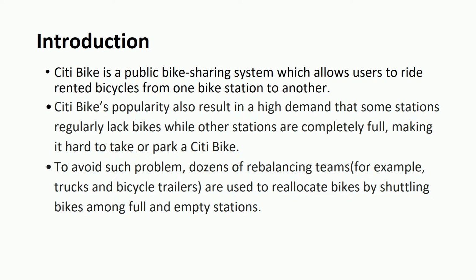Generally speaking, a public bike-sharing system allows users to ride rented bicycles from one station to another. However, CitiBike's popularity also resulted in a high demand, so some stations regularly lack bikes, while other stations are completely full, making it hard to take or park a CitiBike.